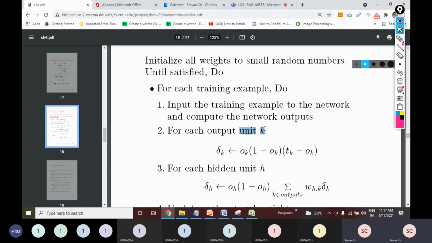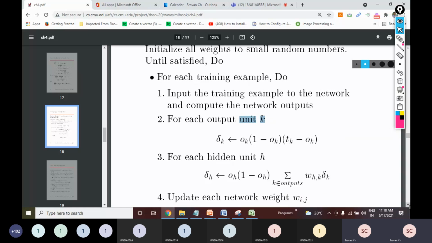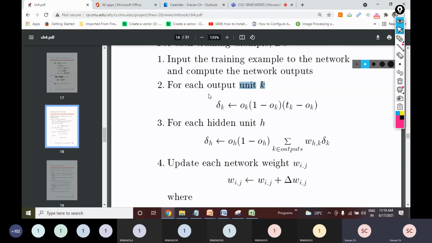On each output unit, I need to calculate this value: ok into (1 minus ok) into (tk minus ok). This tk minus ok is nothing but the difference between our expected value and the actual generated value.